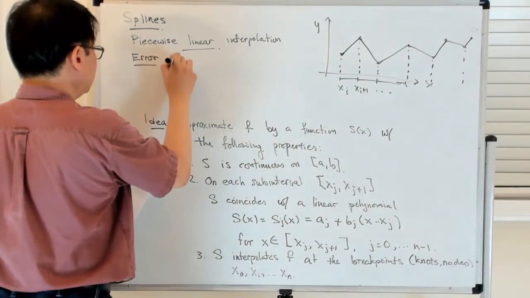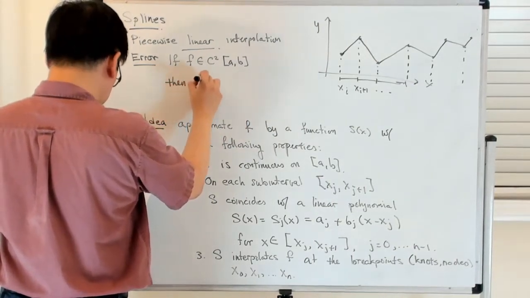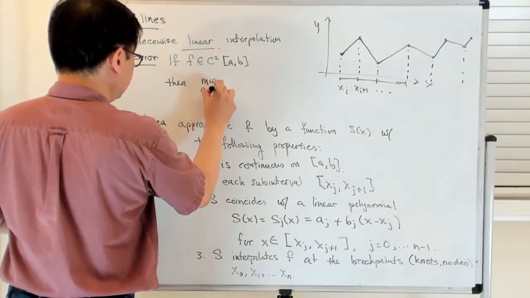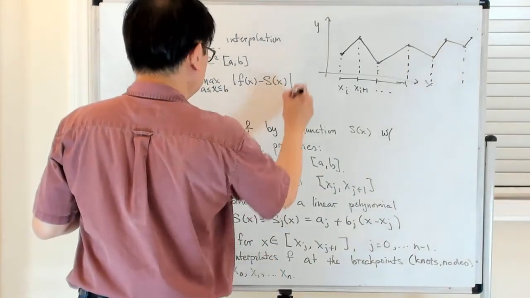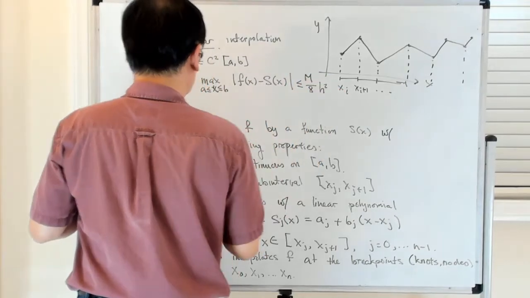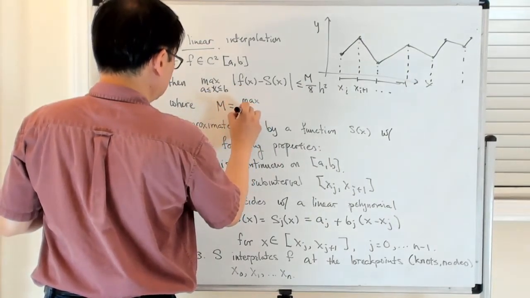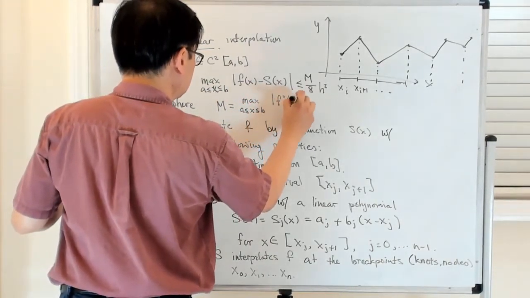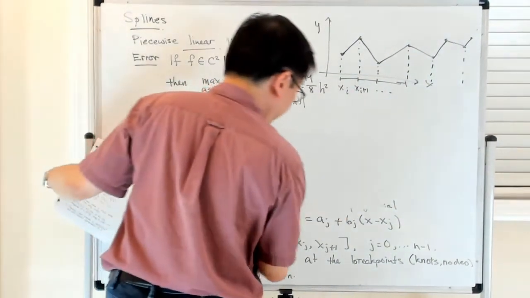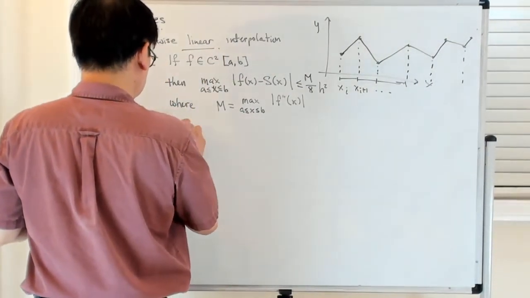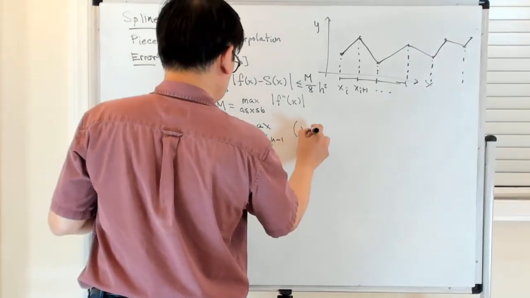If f is twice differentiable over the interval from a to b, then the maximum pointwise error over this interval of the difference between f of x and the spline is less than or equal to M over 8 times h squared, where M is the maximum of the second derivative over the interval in absolute value, and h is the maximum length of a subinterval.